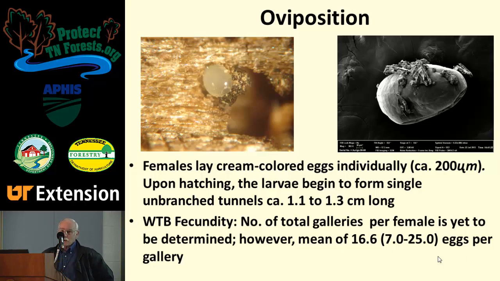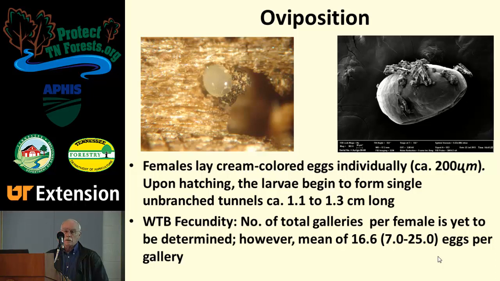Now, while we do not yet know just how many galleries each female can produce, it has come to our attention that she lives a lot longer than we ever thought. She lives longer than 2 months, we know that. So she can produce a multitude of galleries during her time underneath the bark.